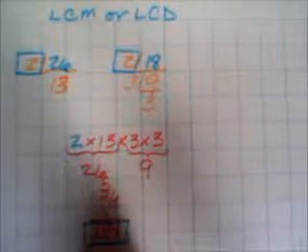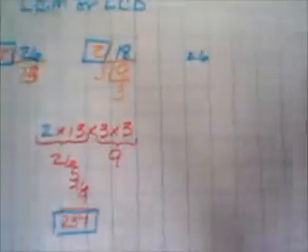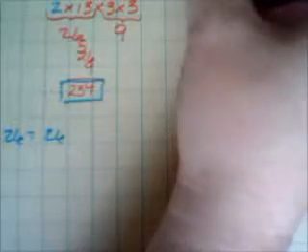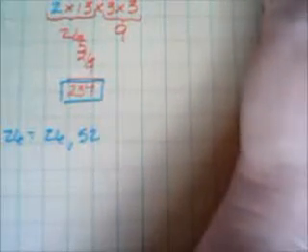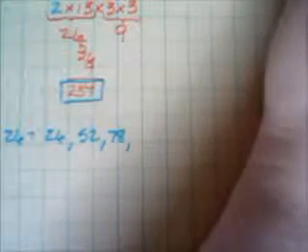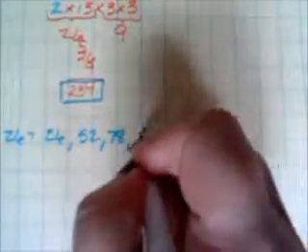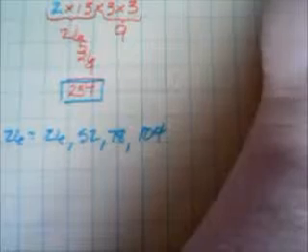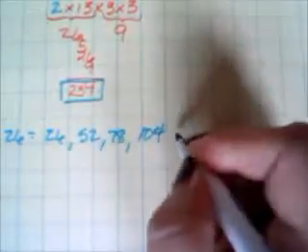The multiples are 26, then 26 times 2 is 52. 26 times 3 is 78. 26 times 4 is 104. 26 times 5 is 130.